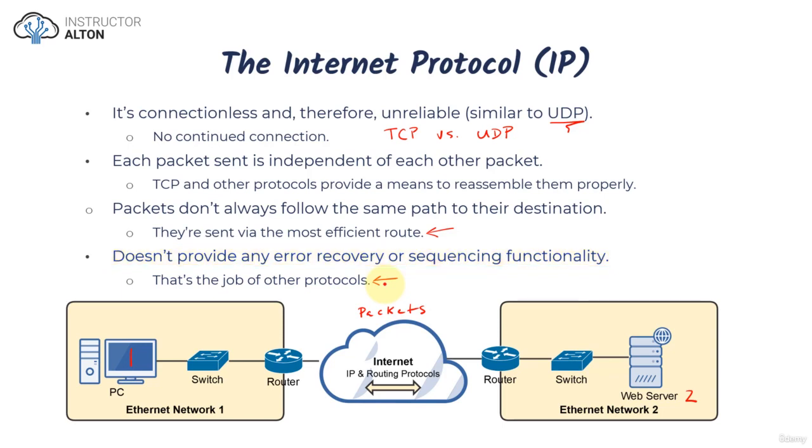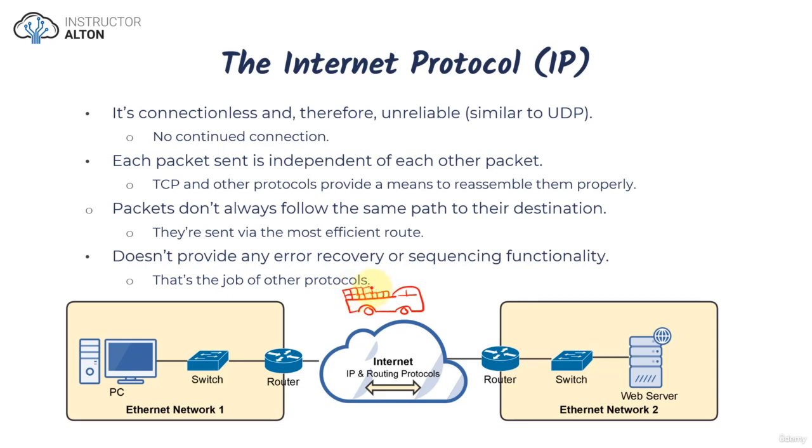So we can think about IP as the moving truck. And let's see if I can actually draw a moving truck. Think of it as the actual moving truck sending data across the internet. Think of it as that and nothing else, with all these boxes in the back, and all these boxes are IP packets.